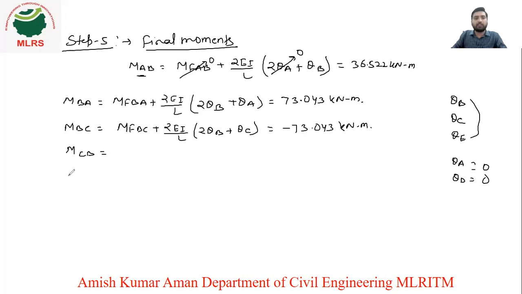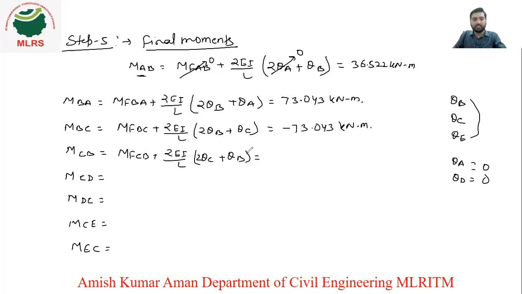Similarly, now you can calculate these values: MCB, MCD, MDC, MCE and MEC. For MCB, it is MFCB plus 2EI by L into 2 theta C plus theta B, and the value is 104.348 kilonewton meter.